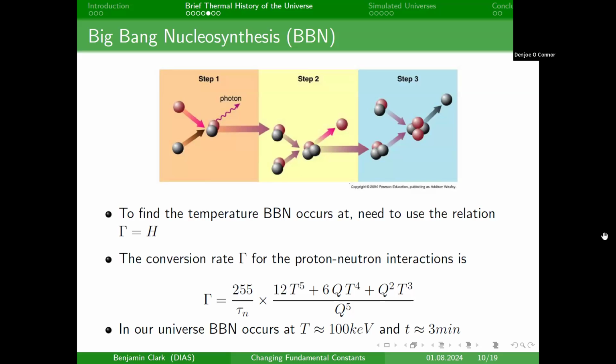In the universe we live in, the neutrons were frozen out at about 1 MeV, and then towards 100,000 electron volts we see deuterium and helium forming, and that's around 3 minutes.